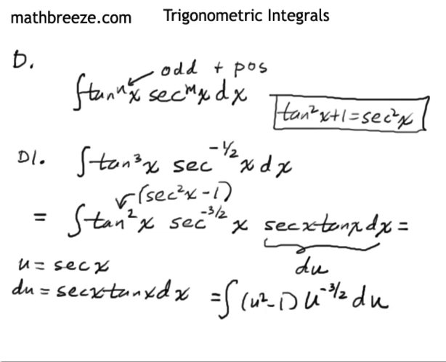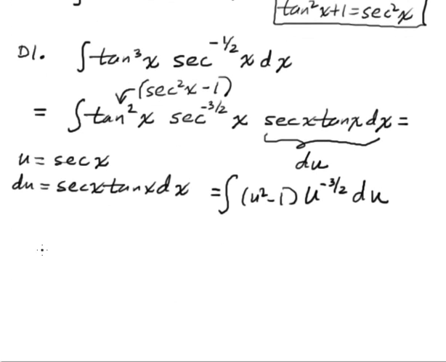Multiply out so we can get a sum of powers of u. Here we have u to the 4/2 minus 3/2, so we have u to the 1/2 minus u to the minus 3/2.